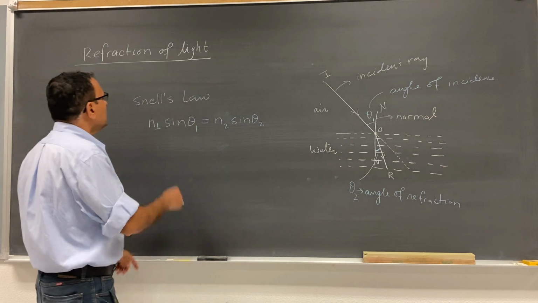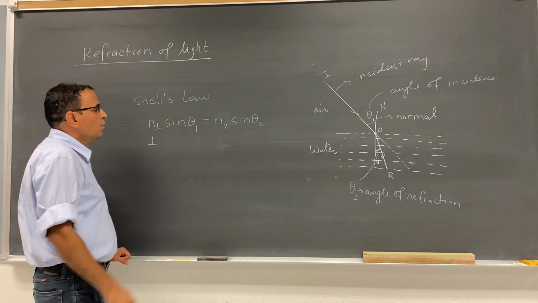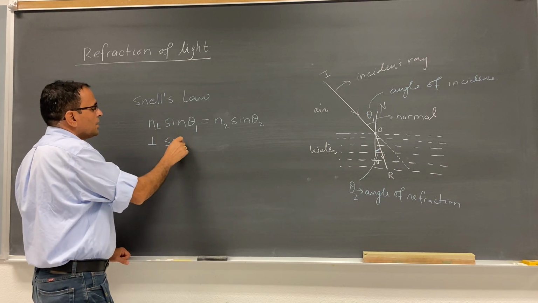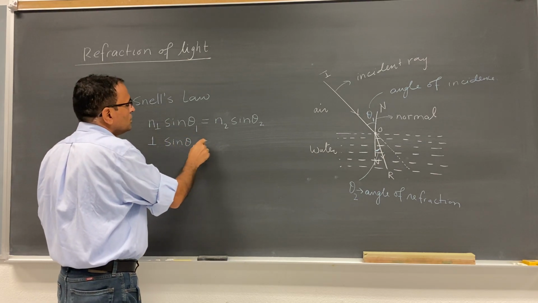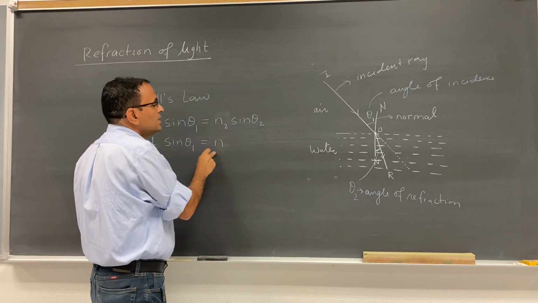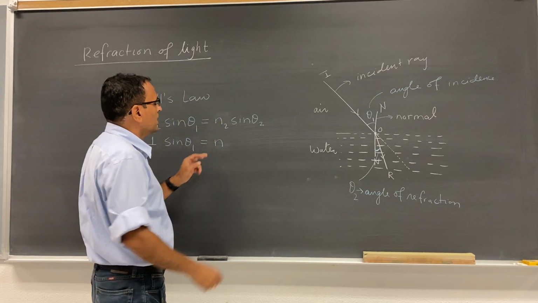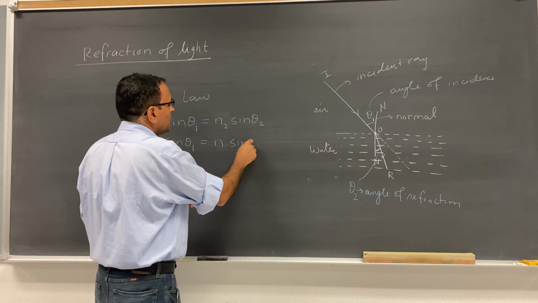So the index of refraction of air is 1: 1 sine theta 1 equals, let me write N2 equal to N, where N is the index of refraction of water, N sine theta 2.